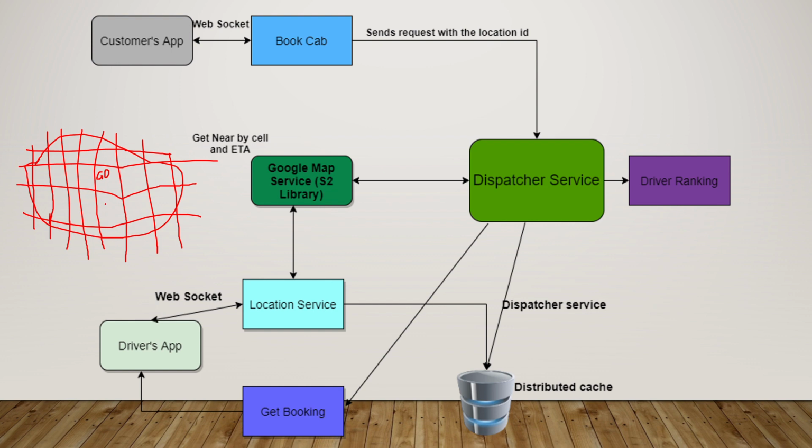So if this is G0, this can be 1, this can be 2, this can be 3, 4, and so on. So this can be 5 and all these things. So Google Map service will send back to the dispatcher service saying that all these are the grids that are lying nearby to the grid which you have sent to me.